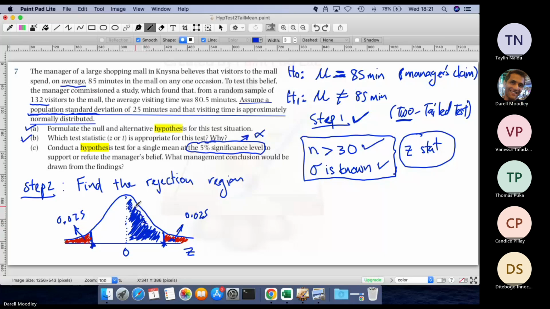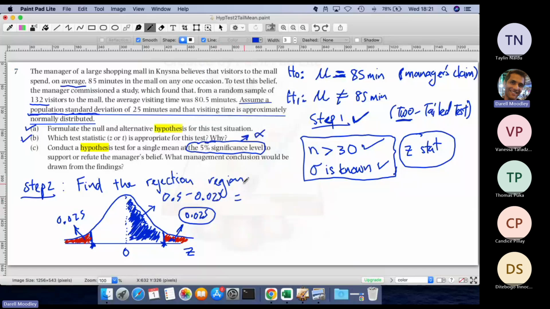So in other words, if I know what this blue region is, which I can easily work out, because remember what we've been saying in the last synchronous sessions, half of this area is 50% and the other half to the left of 0 is also 50%. Now, if you have 2.5% already in the red region, then the blue region has to be the remaining area of 50%, or in other words, 0.5 minus this red region, which is 0.025.